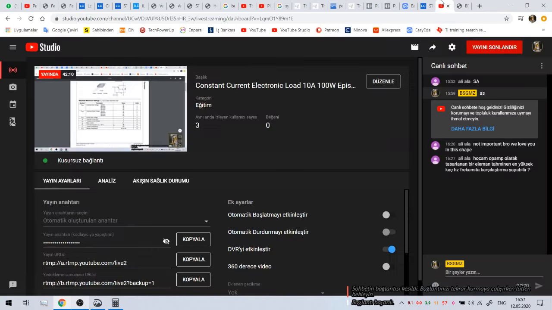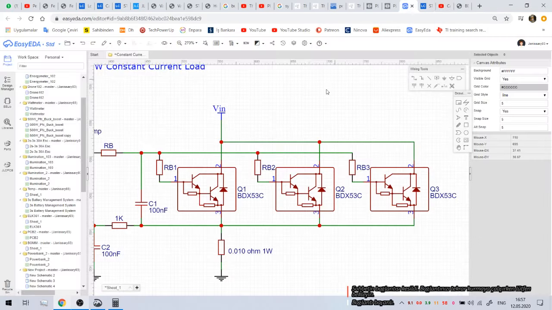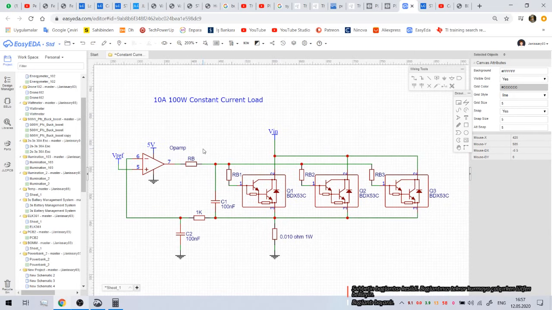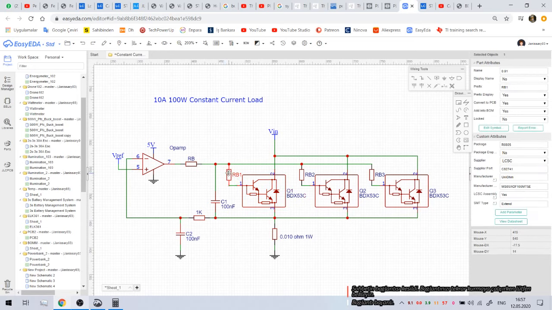I hope it is not a problem. Also, that is nearly this. We don't need more than this. Yes, calculating these base resistors is important.